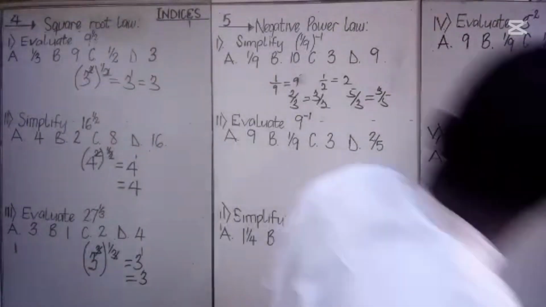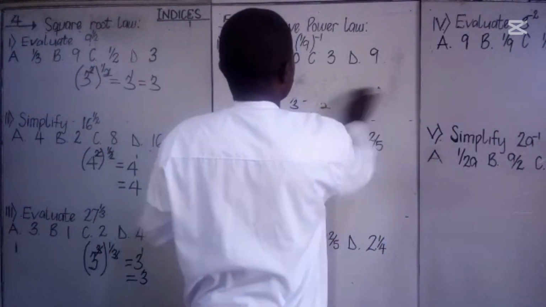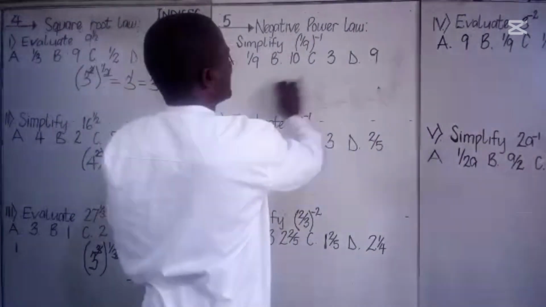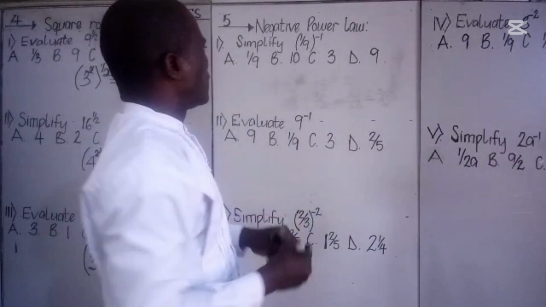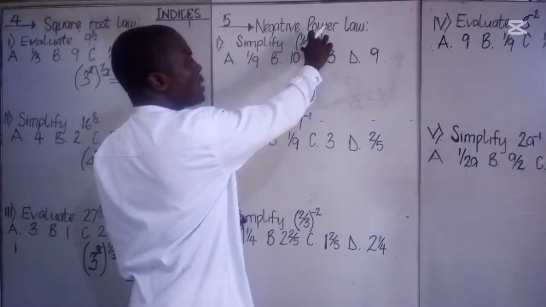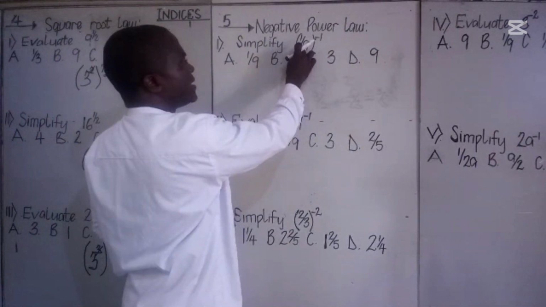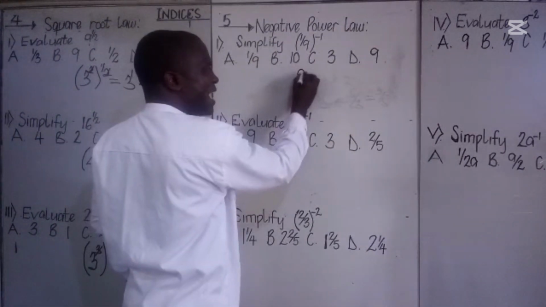Now let's look at it here. We want to find the solution to this problem. Here is a negative power, and the concept says that for us to solve this problem we must use the negative power law. That means, to cancel out this negative sign, we take the reciprocal of 1 over 9, and the reciprocal of 1 over 9 is 9.